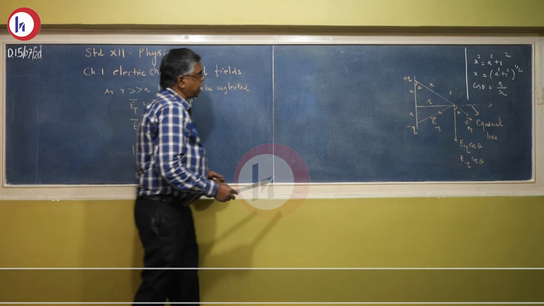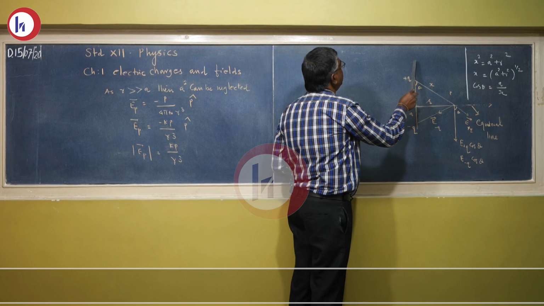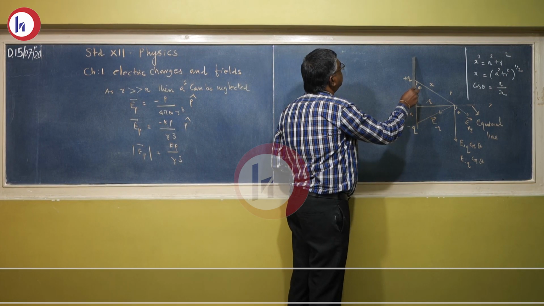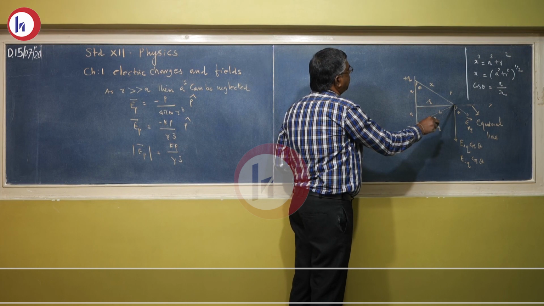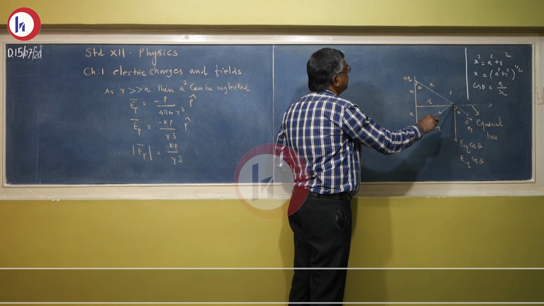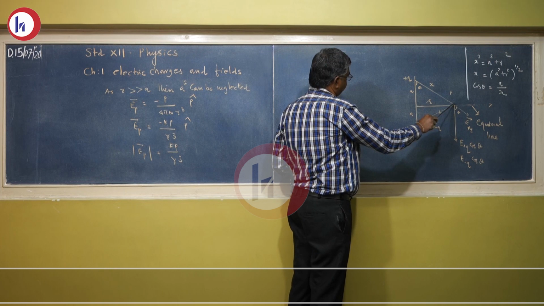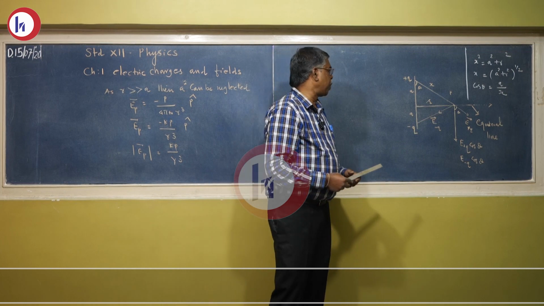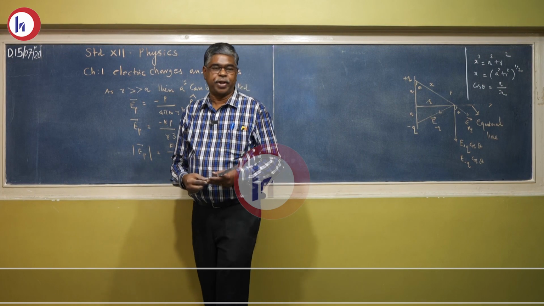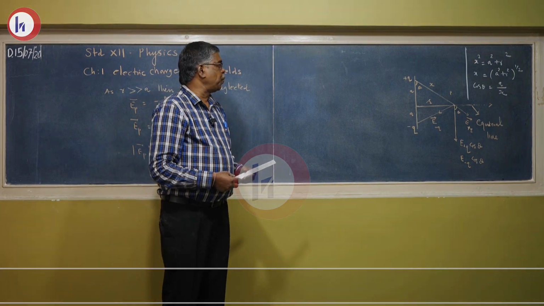That means the electric field at any point on the axial line is 2 times the electric field at any point on the equatorial line, under the condition r is greater than a. So today we learned how to find the electric field at a point due to a dipole.